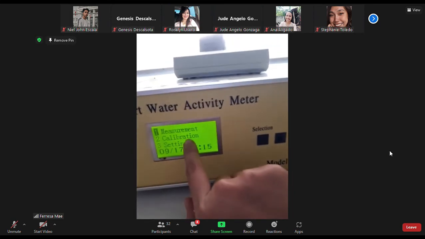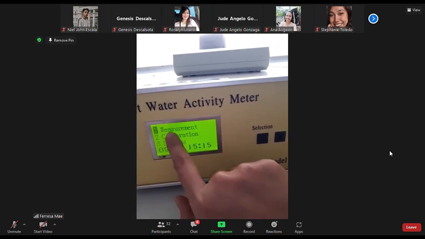Measurement, calibration, settings. Diretso sa measurement.